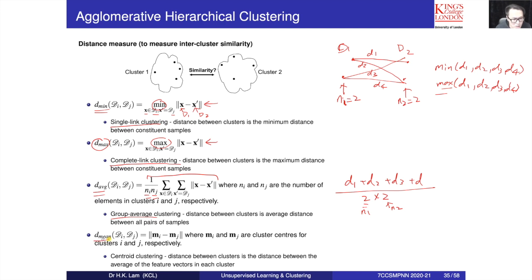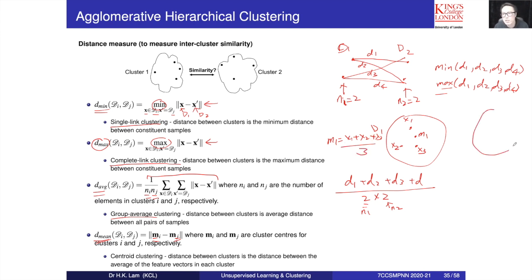The next one is D-mean. Instead of using the samples themselves, we use the cluster centers. For example, we have x1, x2, x3 in D1 right here. We find the center M1, which is x1 plus x2 plus x3 divided by 3, because we have 3 samples.